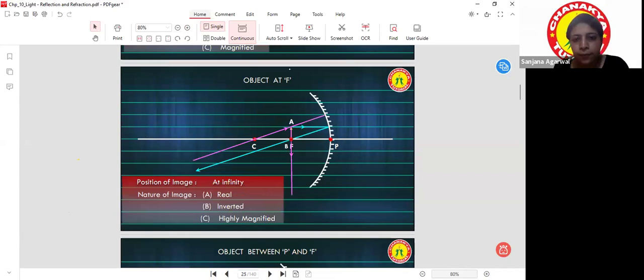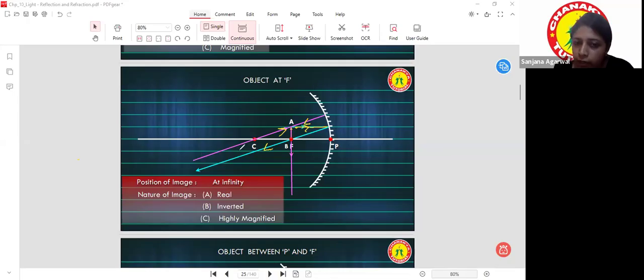Okay, if we keep our object at F, the focus point only, a ray straight parallel to the principal axis, after reflection is passing through the focus, and a ray passing through the center of curvature. This time we have taken a ray of light which passes through the center of curvature, which will be reflected back along the same path.